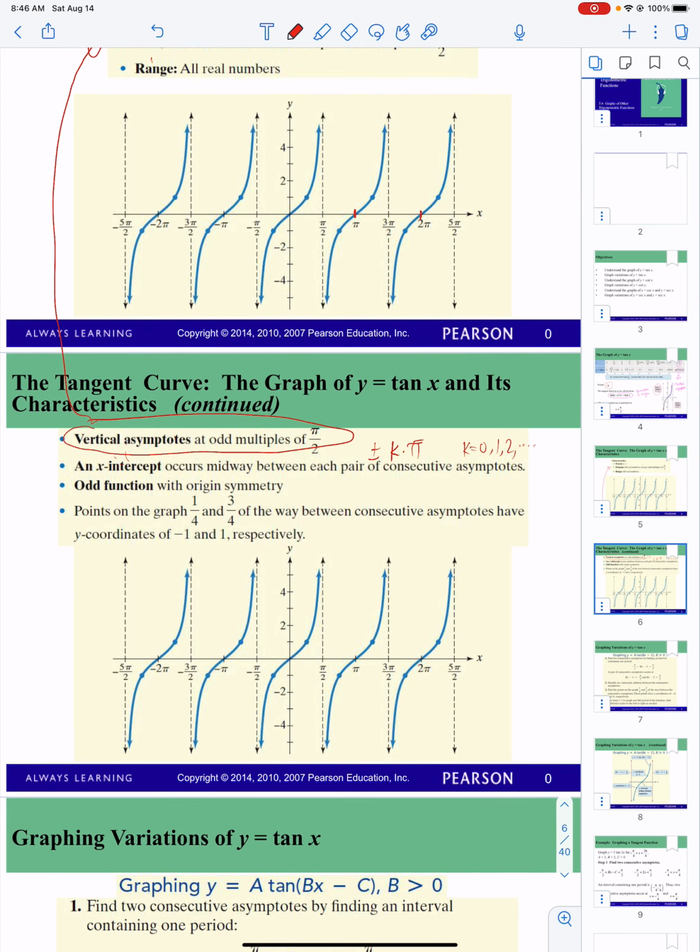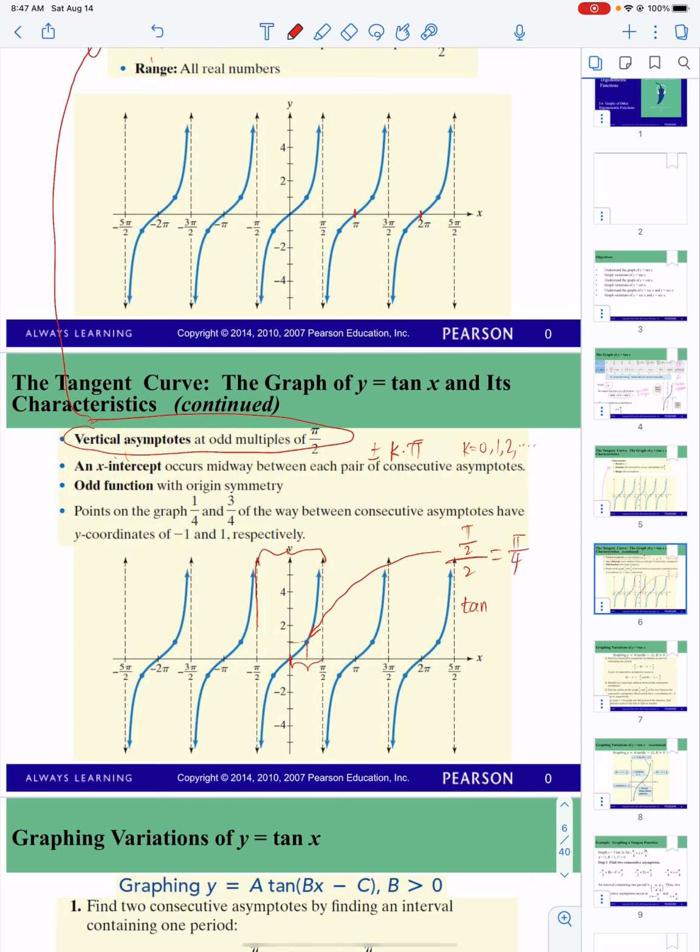Okay, so I also want you to pay attention to one thing. This is one period. From here to here is a half. From the middle again, half of pi over 2 is pi over 4.